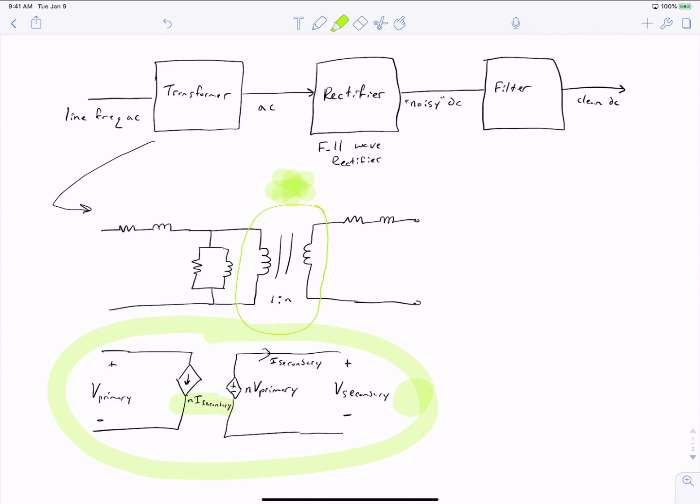Intuitively though, we know that this is not true. If you attach the primary of a transformer to an AC voltage source and you leave the secondary open circuited, a current will flow, and that current is a magnetizing current, and it takes a path like this.